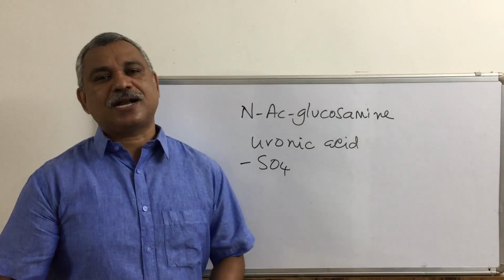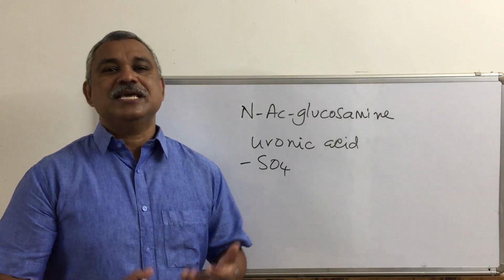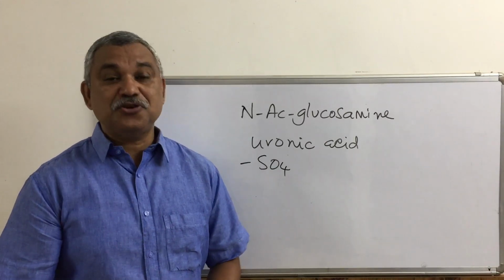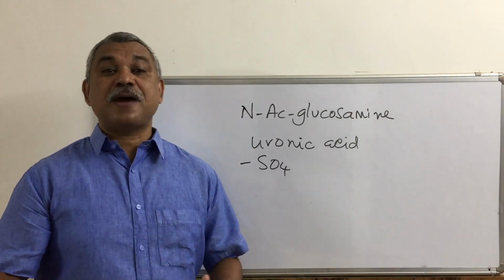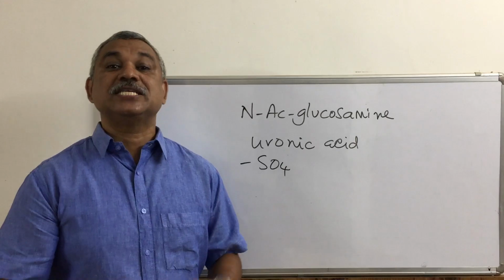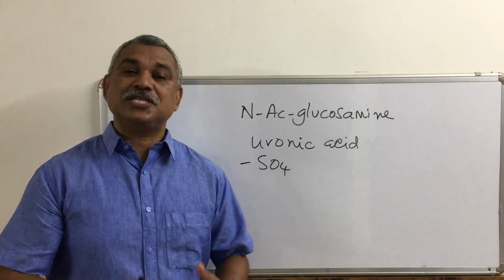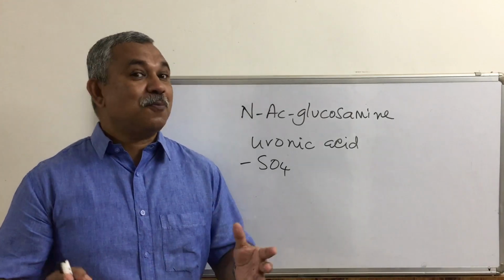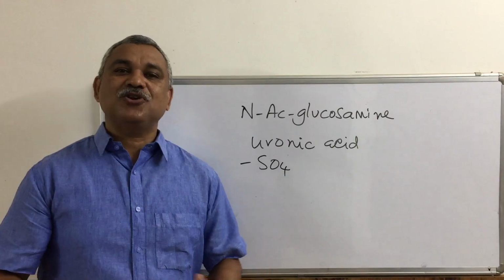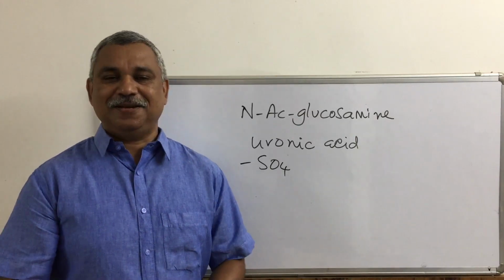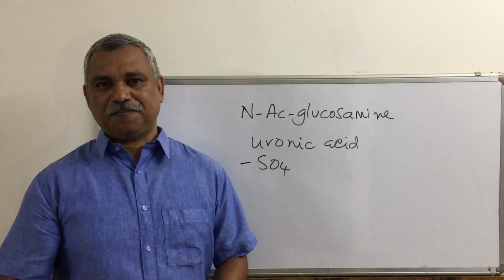These mucopolysaccharides are largely abundant in ligaments, in synovial fluid, in vitreous humor, in the tendons, in extracellular matrix. Being in extracellular matrix, the mucopolysaccharides are responsible for giving a particular shape to a cell. We are going to look at each of the mucopolysaccharides.